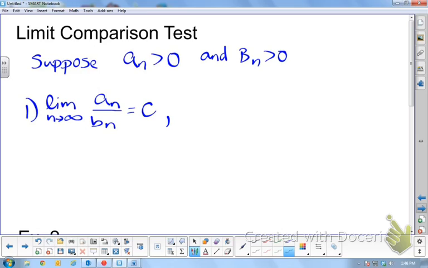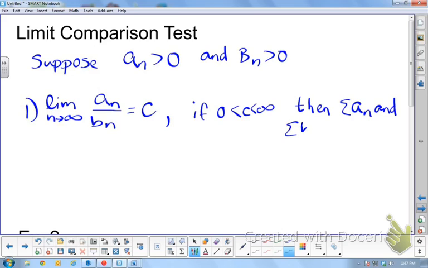So if c is between 0 and infinity, then the series a sub n and the series b sub n both converge or both diverge.